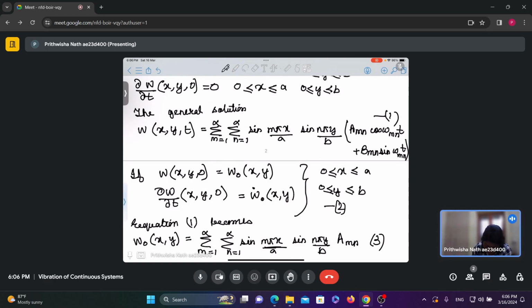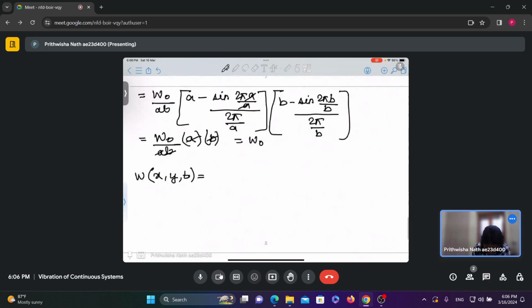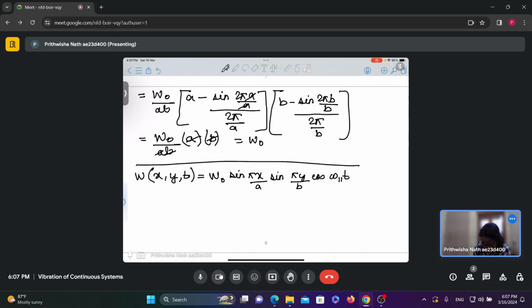So the final expression becomes sine pi x by A sine pi y by B cos of omega 1 t. So this is the final expression for W.